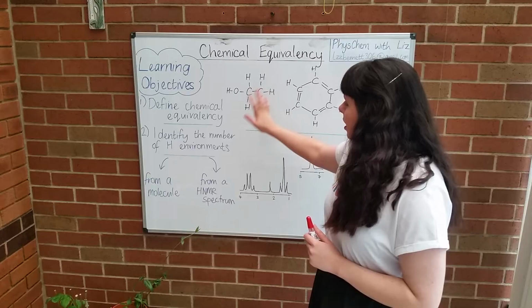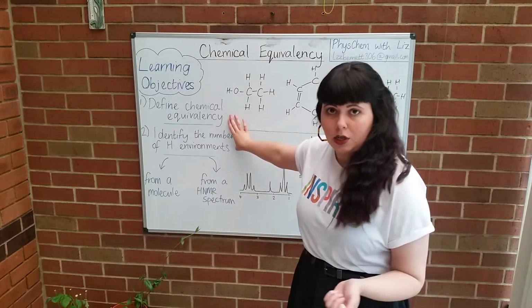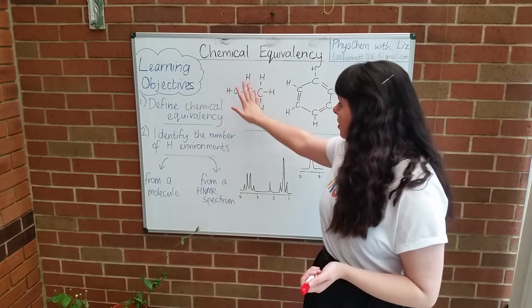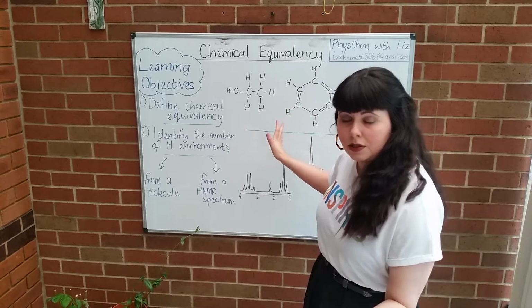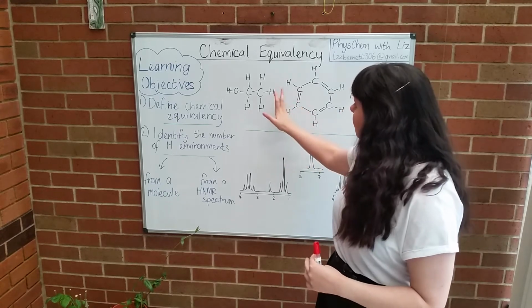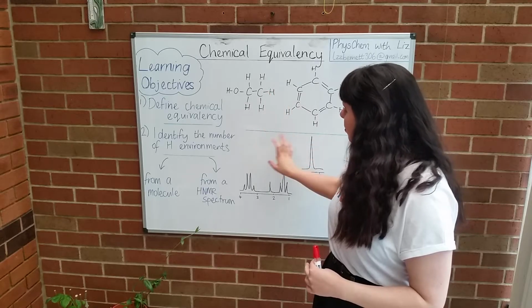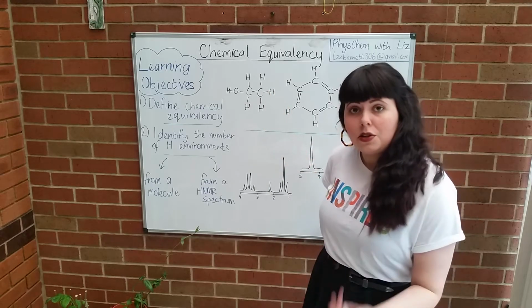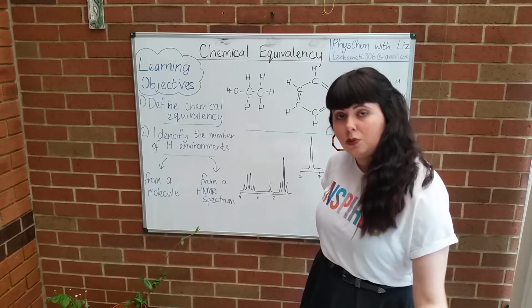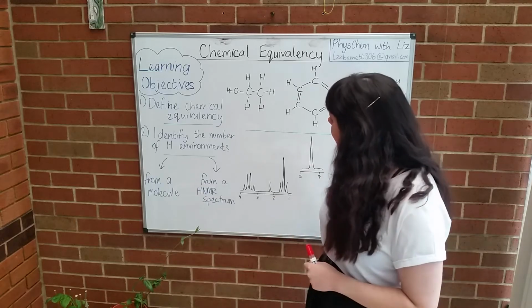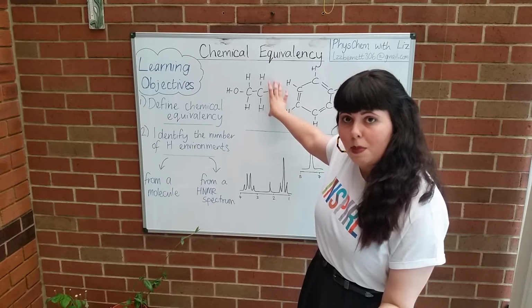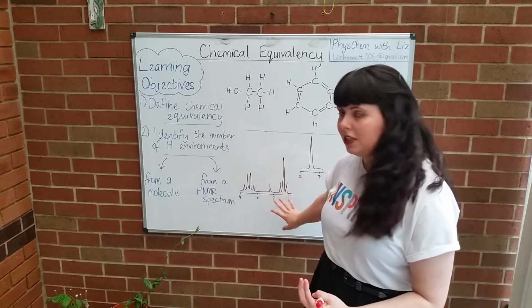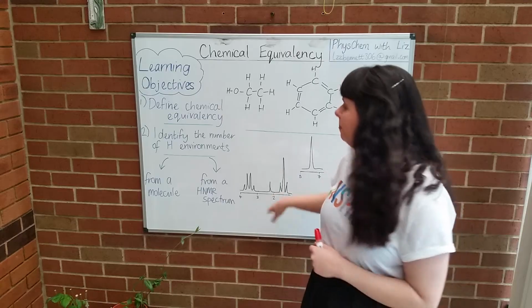Now, I'm going to demonstrate this concept of chemical equivalency by labelling the different kinds of proton environments, or equivalent protons, same thing, and then from that we're going to match them up with their spectra. Now you don't need to know about splitting for this, we'll do that in the next video. Just the number of different kinds of proton environments will match with the number of signals in the spectra.